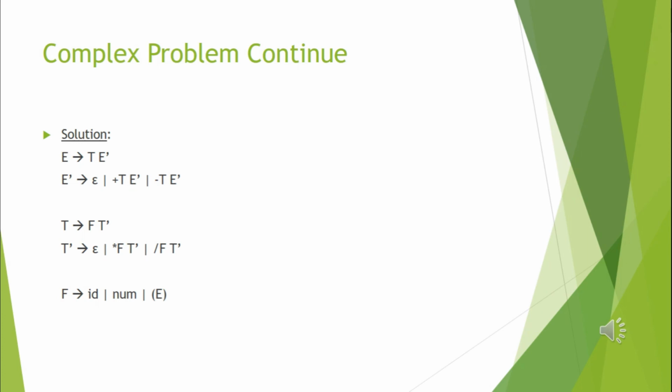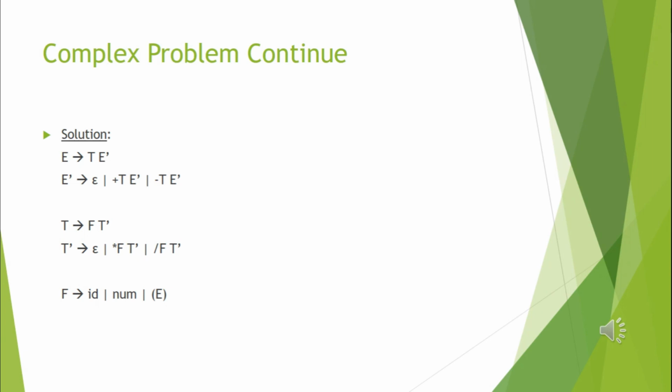Therefore, E goes to T E prime. Here T is the beta value and E prime is the element which is helping us to remove left recursion. So E prime goes to epsilon, or E prime also goes to plus T E prime or minus T E prime. Therefore, removing the left recursion from the E part.